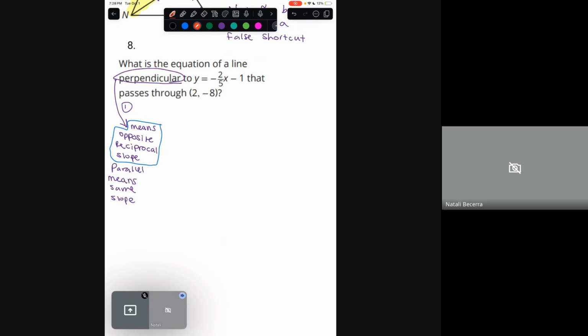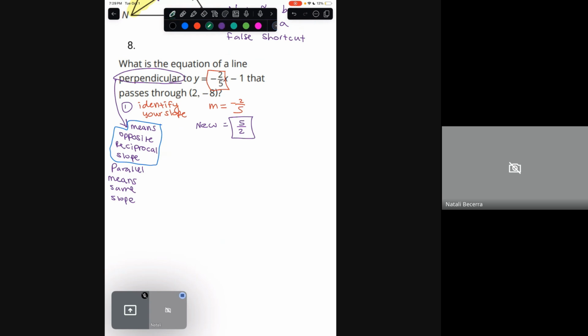Okay, so step one is to identify your slope. So your slope is the number next to x, which is negative 2 over 5. Now, that's not the slope that I'm going to use because I have to flip it and change the sign. So it goes from negative to positive.